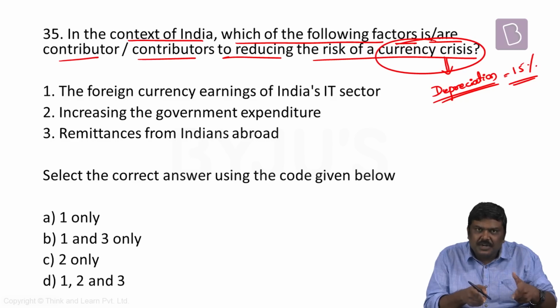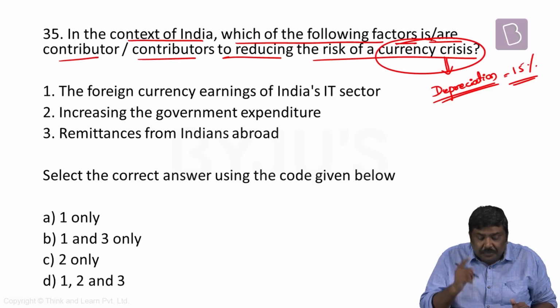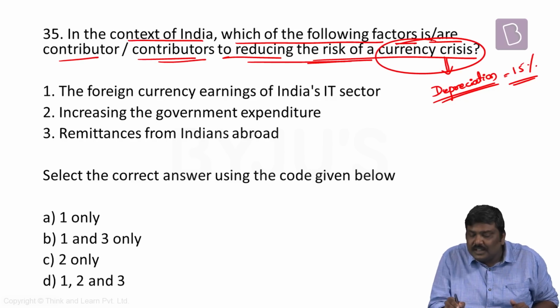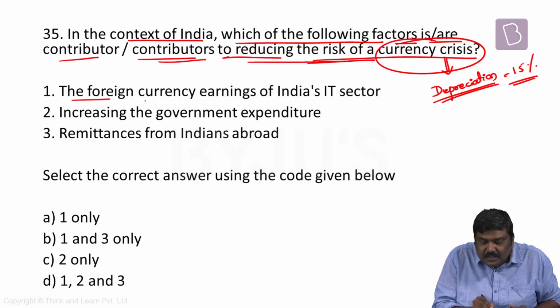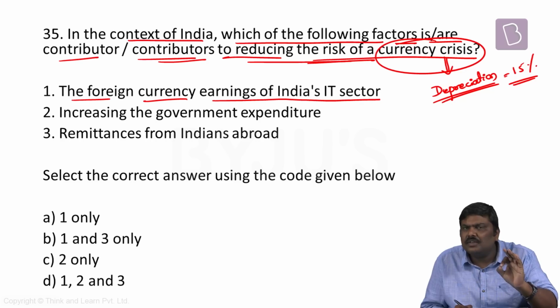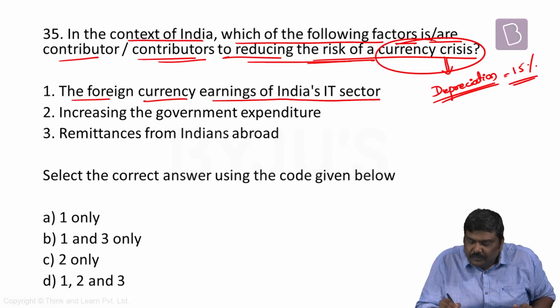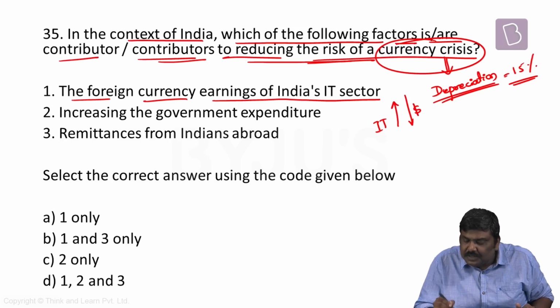So basically the question is asking which one of these points will help in reducing the currency crisis. Let's look at the points here. The foreign currency earnings of India's IT sector. It's a basic concept, understand this. If the IT sector sells its services to the foreign market, we will receive the payment in dollars.